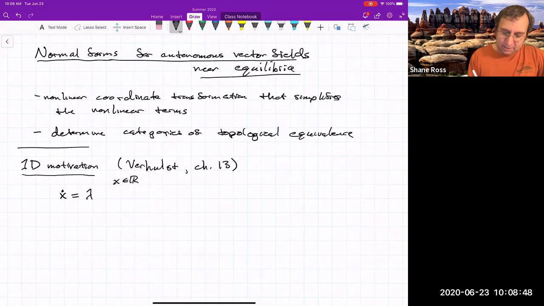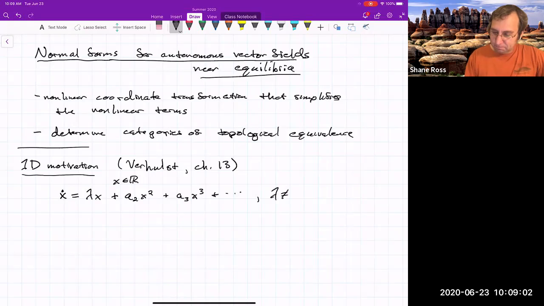And x dot is, it's got a linear term, and then it's got higher order terms. We've got this quadratic term, cubic term, and maybe so on. And we'll specify that lambda is not 0. And we're also going to be considering a small neighborhood.